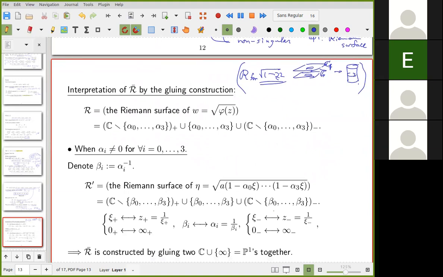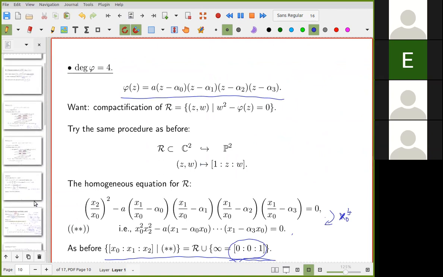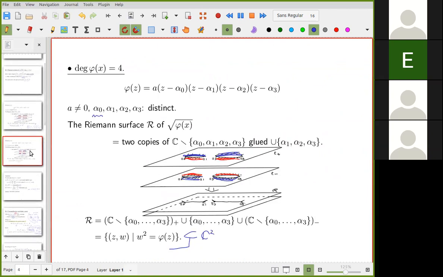In the case of the Riemann surface for this, we also obtained such a description as we discussed today here.